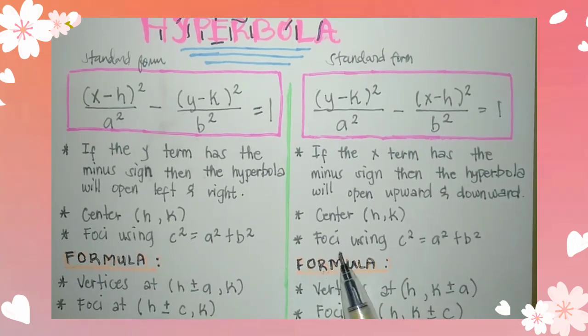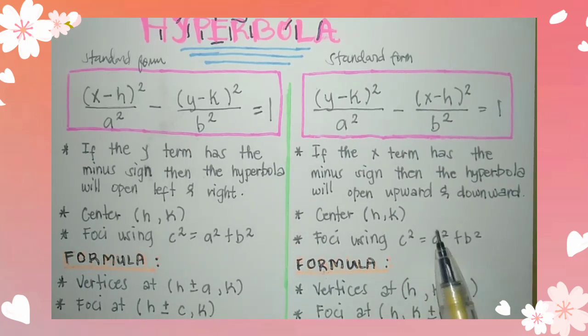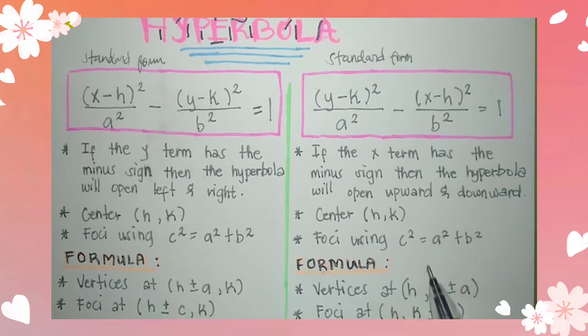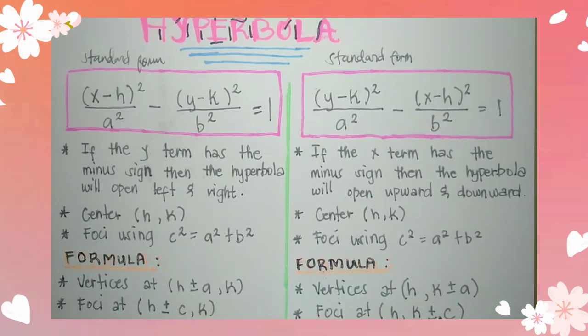And then the foci, makukuha din natin siya using the Pythagorean theorem, which is c squared is equal to a squared plus b squared. And ang formula ng vertices and foci natin dito kay opens upward and downward is sa vertices is (h, k plus and minus a), and sa foci naman is (h, k plus and minus c).